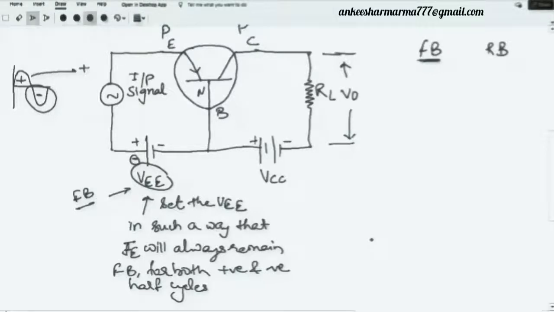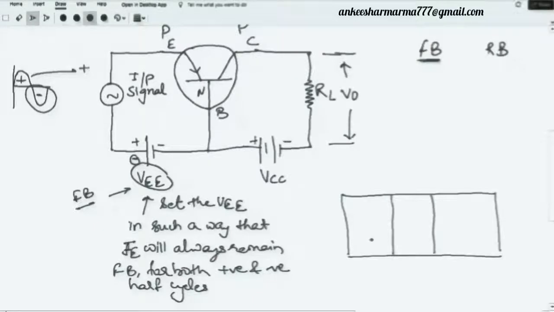So I will draw the diagram here. This is my emitter, this is base, and this is collector. Let me make the base smaller in comparison to the emitter. This is emitter, this is base, and this is collector.